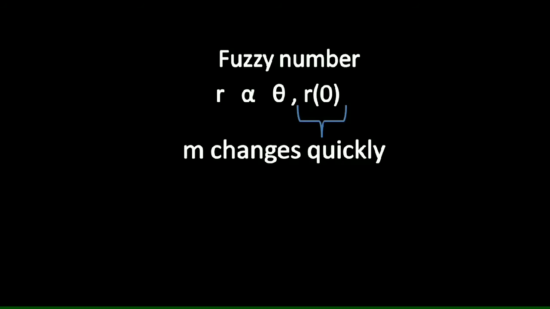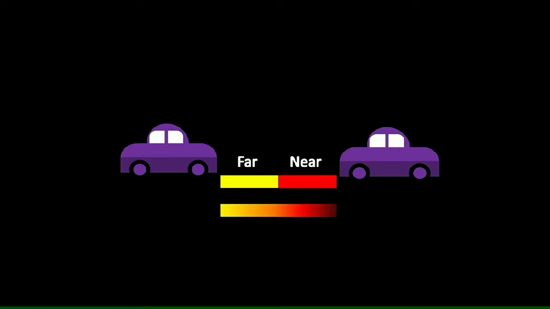Now, what actually is a fuzzy number? Suppose you are driving a car and there is another car moving in front of you. If you get near to that car in front, you will need to apply the brakes. Now, how do you understand whether you are near or far from that car? It is really difficult to define a margin or a barrier. So instead, we define a scale of possible distances.